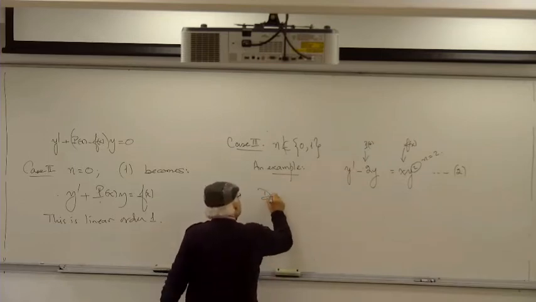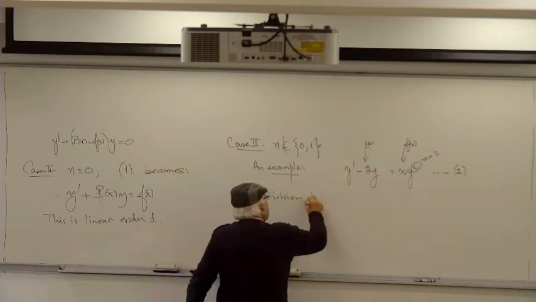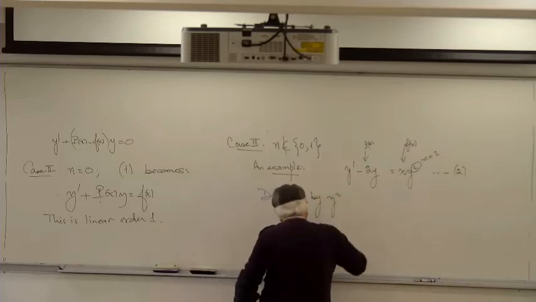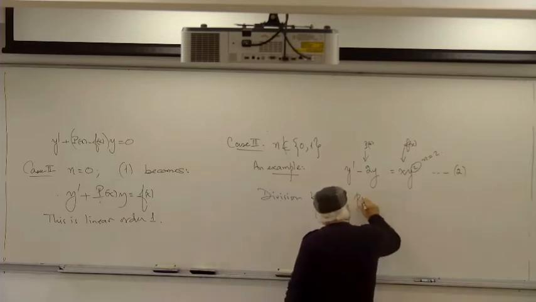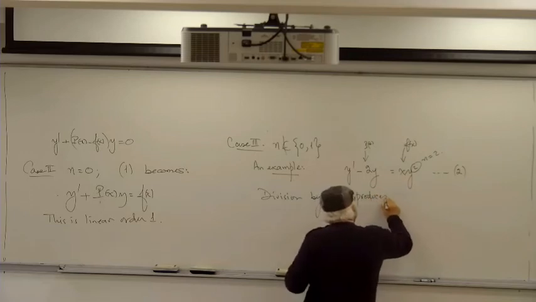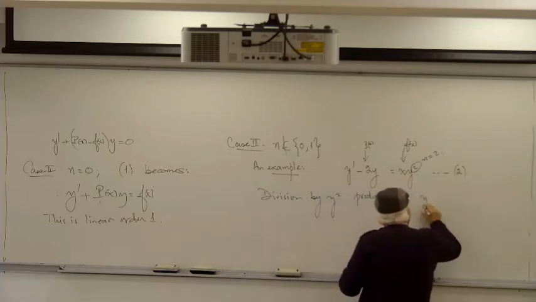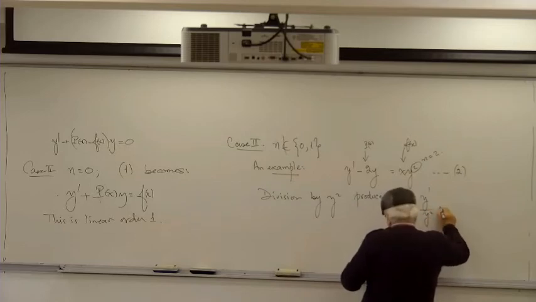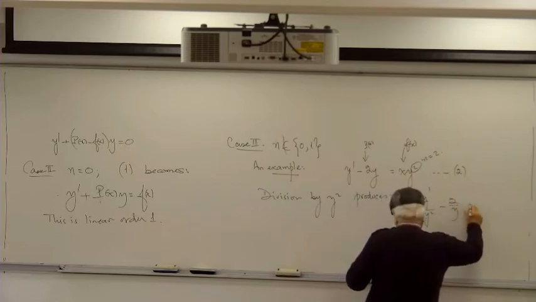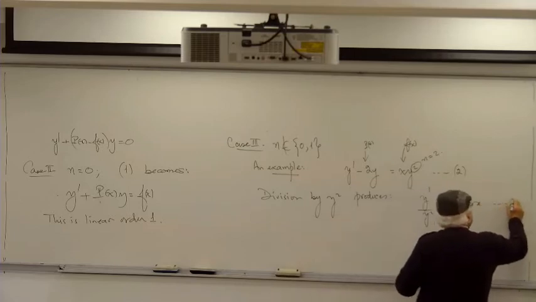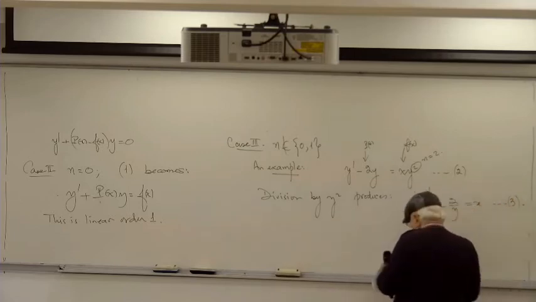Division by y squared produces the differential equation in the following form: y prime over y squared minus 2 over y equal to x, which I will call equation 3.